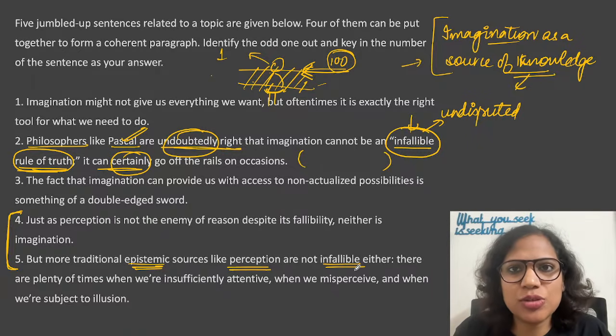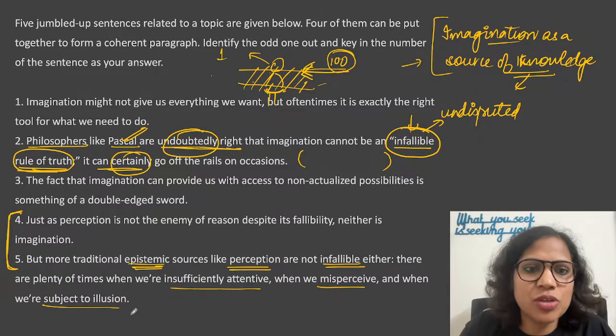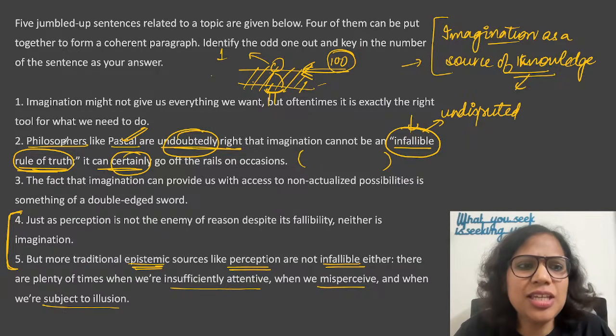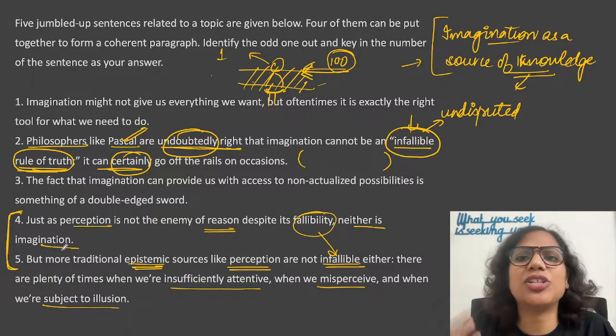Illusions हो सकते हैं ना इंसान को. There are plenty of times when we are insufficiently attentive, when we misperceive, and when we are subject to illusion. So the author is saying that fine, ये infallible नहीं है, but even more traditional sources like perception are not infallible either. Just as perception is not the enemy of reason, despite its fallibility, neither is imagination.